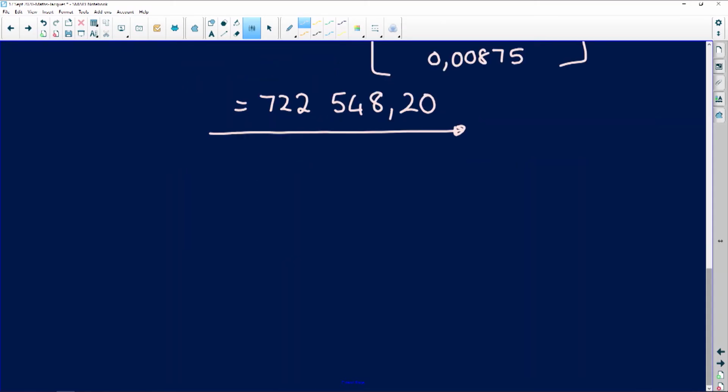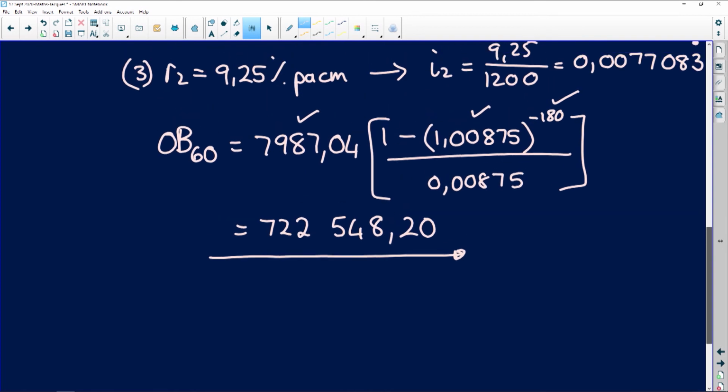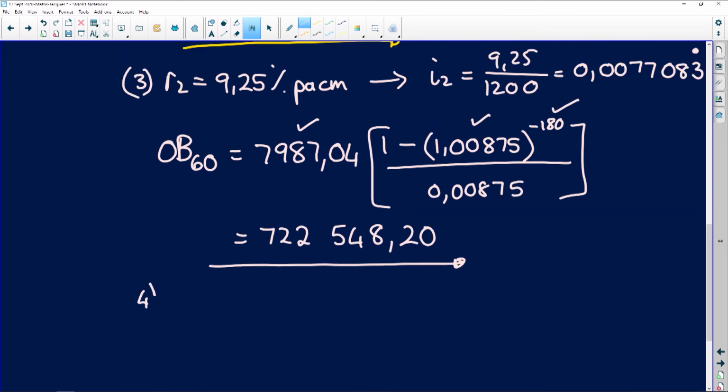Now the last question says, determine the monthly payment for 4 marks after the interest rate has changed. Okay, so we need a new monthly payment, and all that happens is our period is still 180. So our period is still 180 payments.